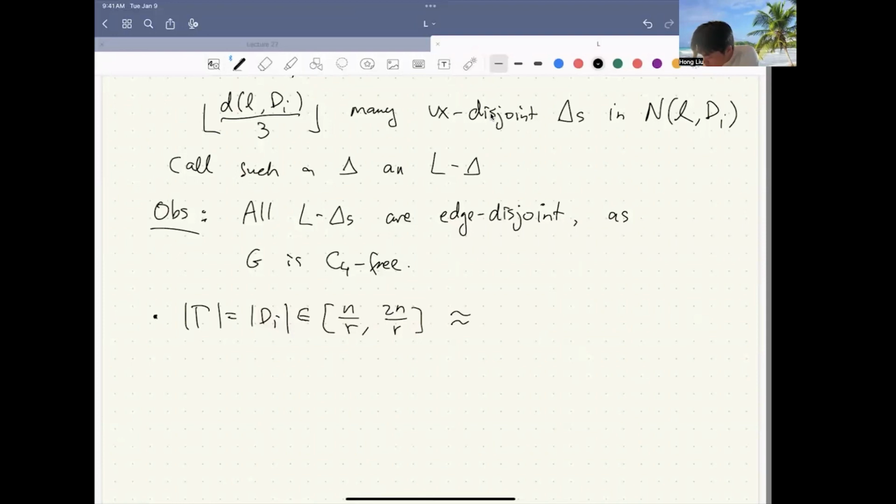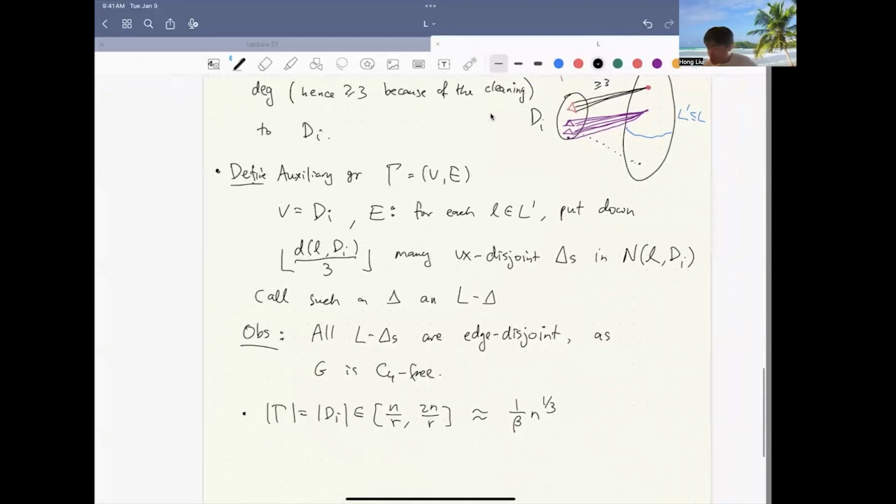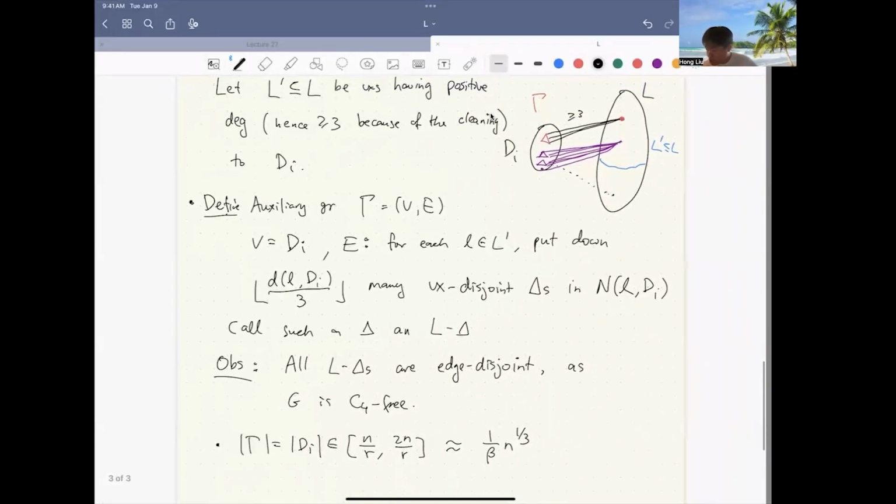Up to a constant factor of 2, let me be lazy and write it as n over r. And r I choose to be beta n to the 2/3. So it's 1 over beta n to the 1/3, roughly of order of magnitude n to the 1/3. Good. So this is the order, which let me call M.